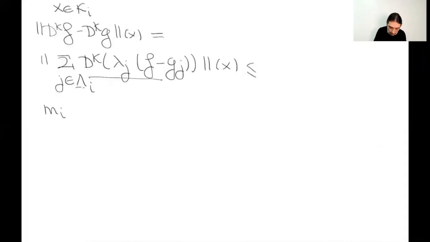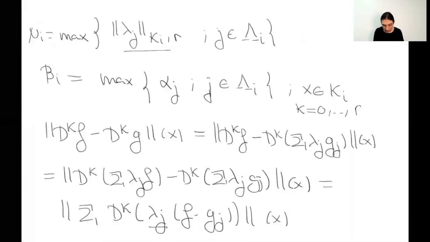So here we're going to have A, and now we want to give estimates for the derivatives of order up to k of lambda_j when j belongs to Lambda_i and x belongs to K_i. But that's exactly what we have here.